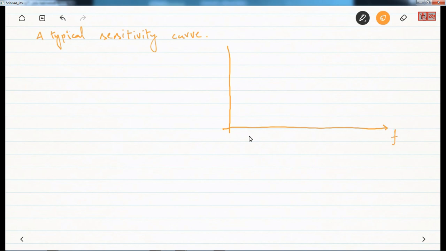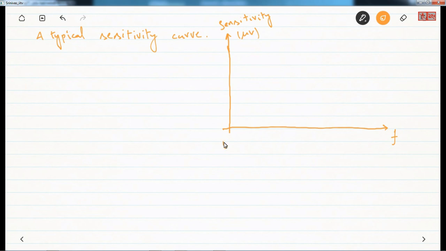This is frequency and this is sensitivity, in microvolts along the y-axis.